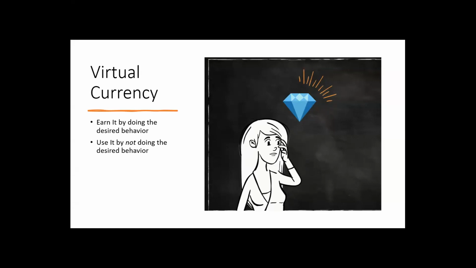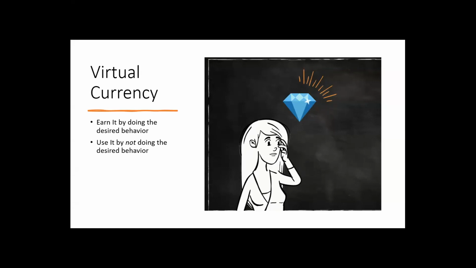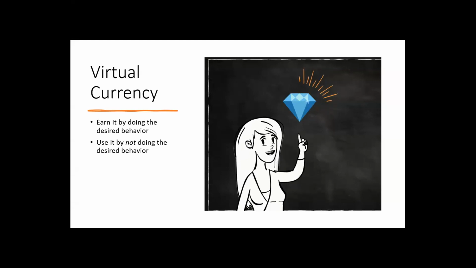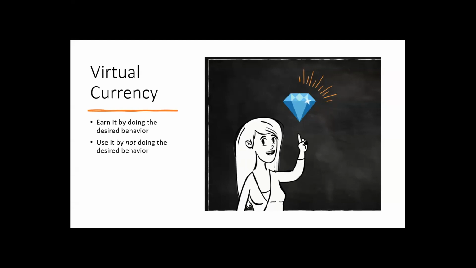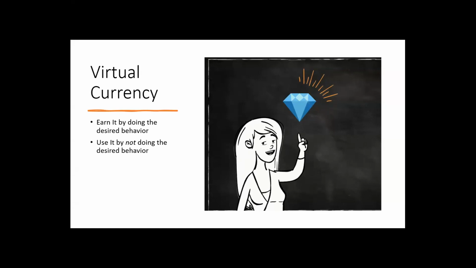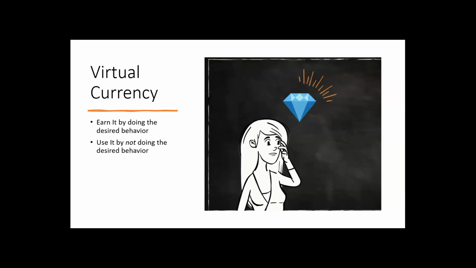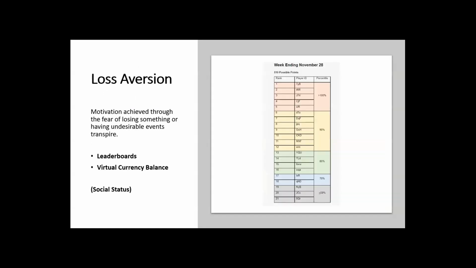So what I'm doing is I'm creating a system whereby hopefully they start to learn that positive behaviors result in this accumulation of virtual currency. But when they don't exhibit those behaviors, they're going to then lose a little bit of that virtual currency.